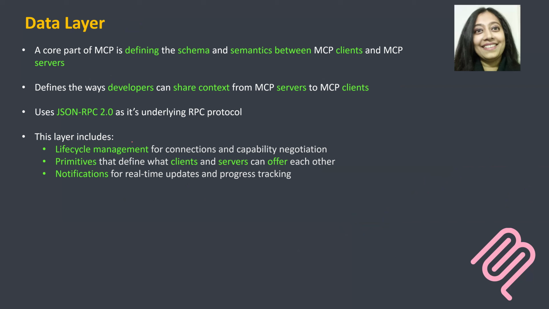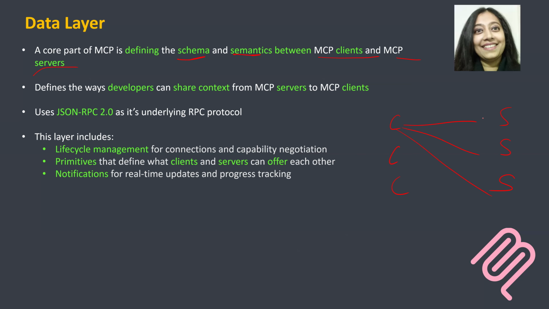Data layer. Now, the data layer forms a core part of MCP because it defines the schema and the semantics between MCP clients and MCP servers. So you have different MCP clients, you have different MCP servers. Now, these clients want to connect with all these servers and vice versa, right?